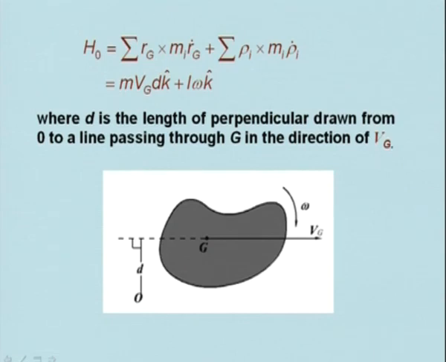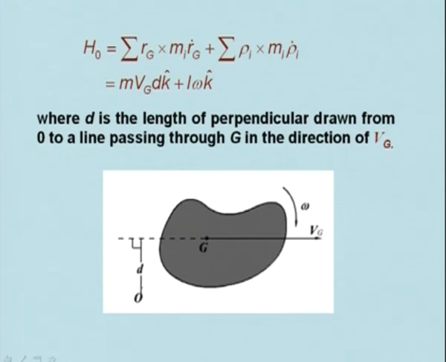Hence you have got Ho is equal to sigma Rg cross mi r dot g plus sigma rho_i cross mi rho dot_i, and this will be equal to m Vg d k. We can write how this comes. R dot g is Vg, and this is the cross product of Rg into Vg.